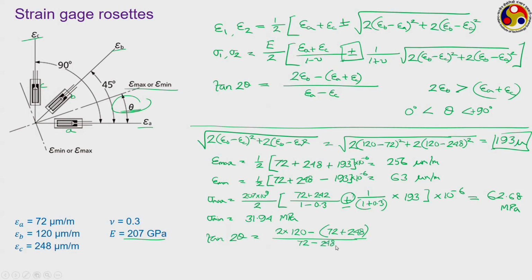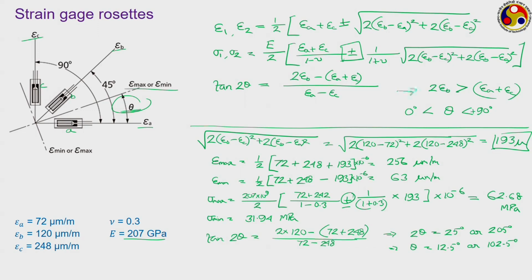So if you put the values here, then 2 theta will come to be 25 degrees or 205 degrees approximately, which gives theta equal to 12.5 degrees or 102.5 degrees. Now, which one will be the correct answer?